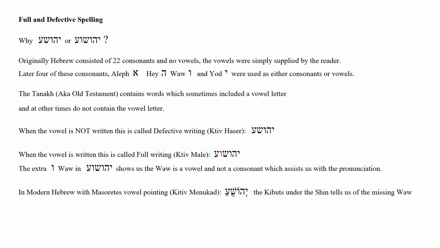The extra wa in the full spelling shows us the wa is a vowel and not a consonant, which assists us with the pronunciation. In modern Hebrew with Masoretic vowel pointing, Ketiv Menukad, the kibbutz under the shin tells us of the missing wa.